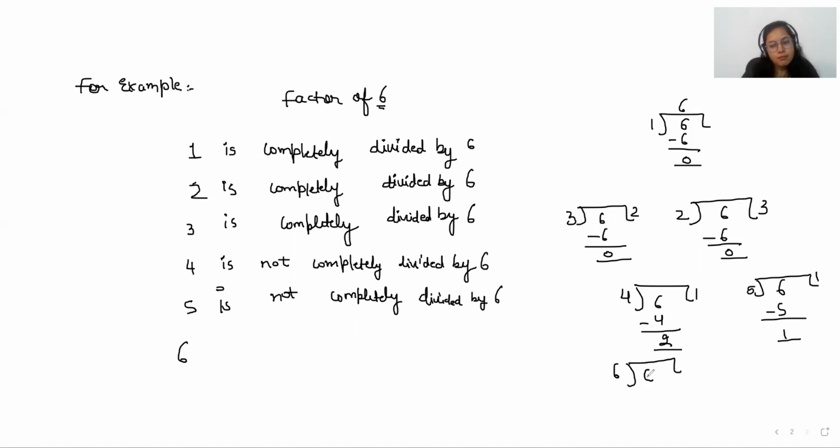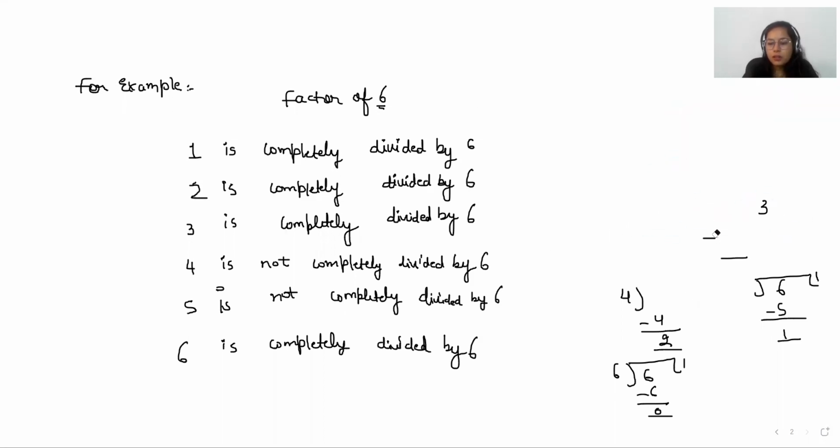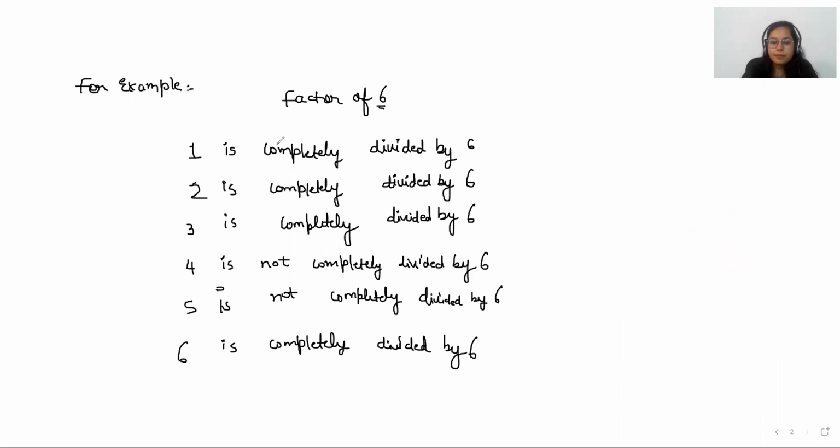Now 6 is completely divisible by 6. So the factors of 6 are 1, 2, 3, not 4, not 5, and after that 6.